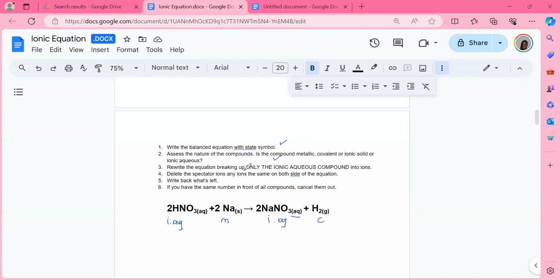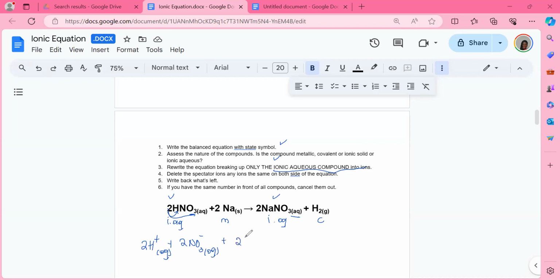Then I'm going to rewrite the equation, breaking up only the aqueous ionic compounds into ions. So I'm going to be breaking up these two compounds into ions. Again, rewatch the video of how I did that. This compound has 2 nitric acid, which means I have 2 H plus ions aqueous, and 2 times 1 nitrate, so 2 nitrate ions aqueous, and I put the state symbol there. No, I cannot break up the metallic compound.